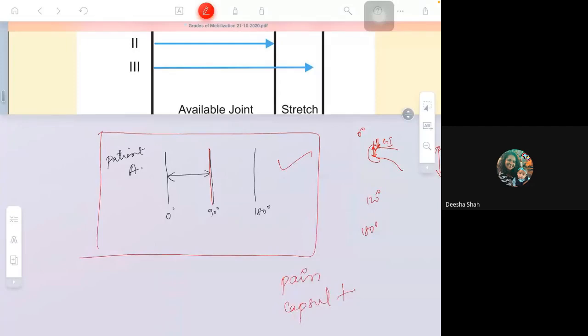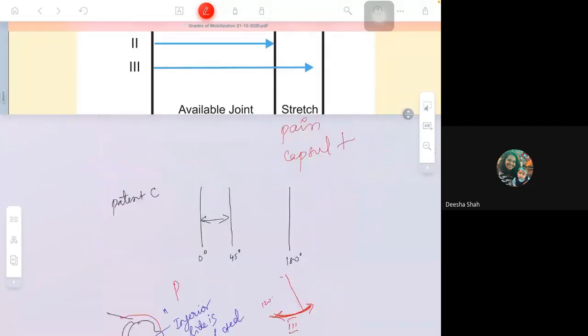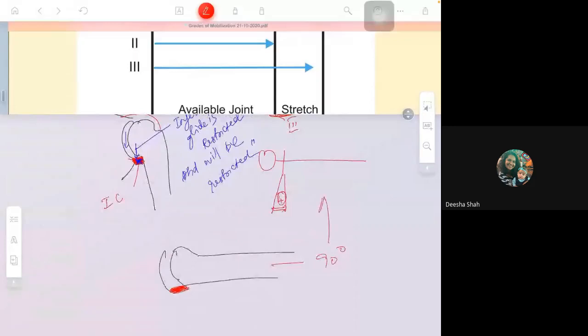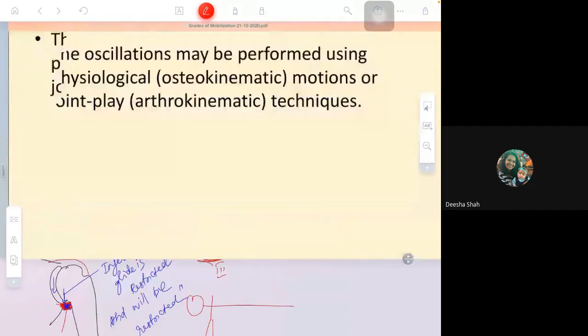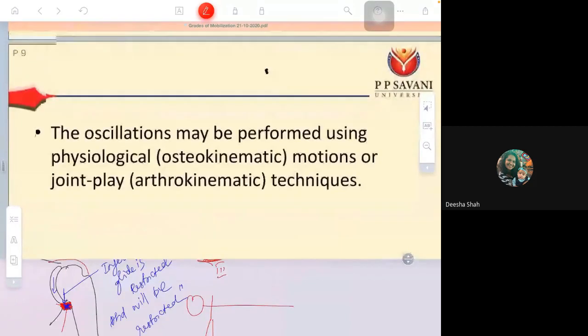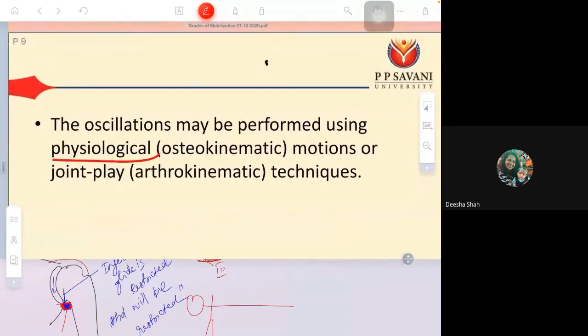So what is your aim? Your aim is to increase the range of motion. So either you give physiological movement, that is what we discussed last class. Here oscillations may be performed using physiological motions.